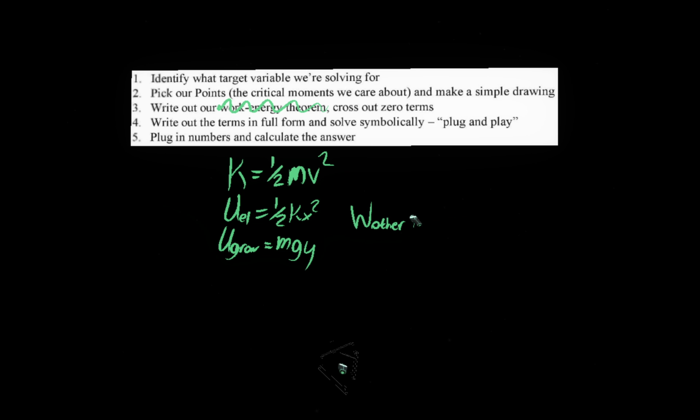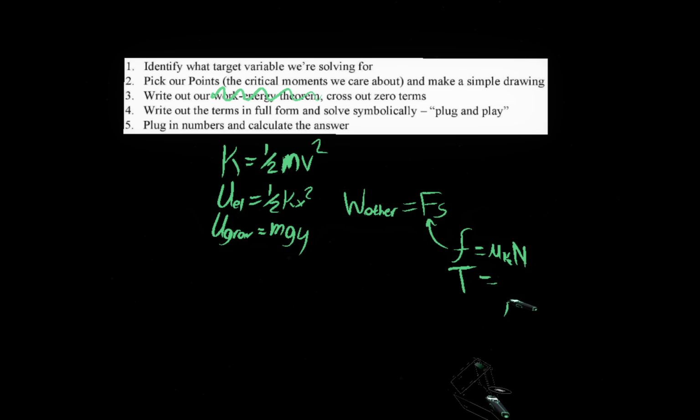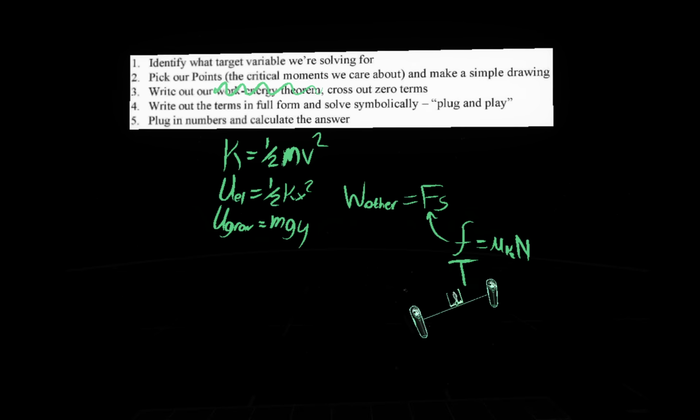It's just some force through a displacement, but that force can be anything. It could be friction, which is mu sub k times the normal force, or it could be some tension force that you're exerting that is just equal to some value, or it could be some push force, right? It could be anything that's doing work, right?